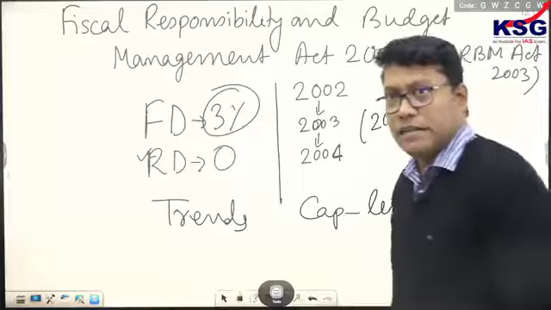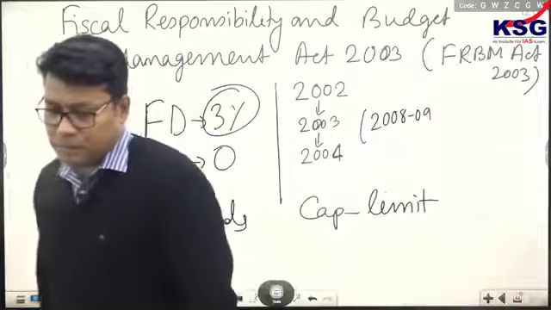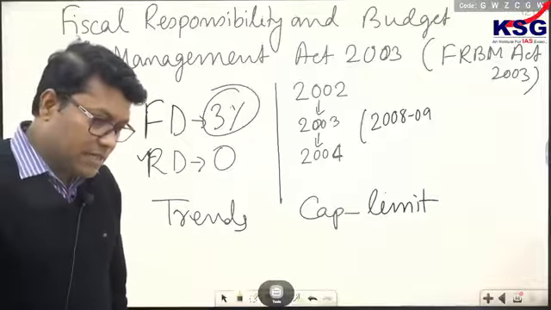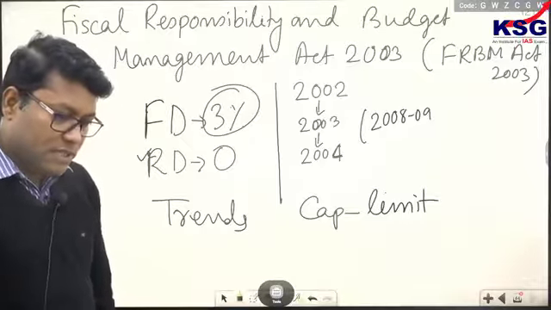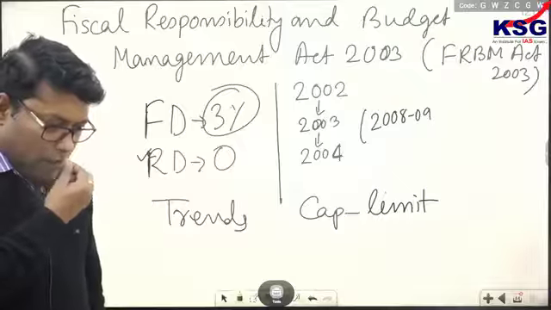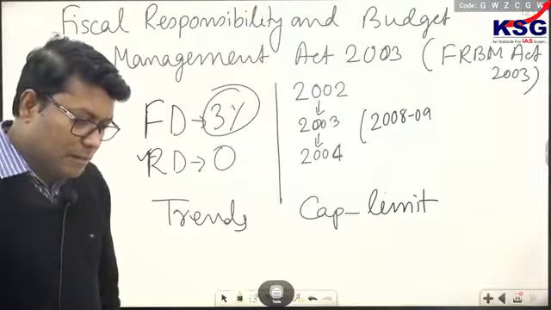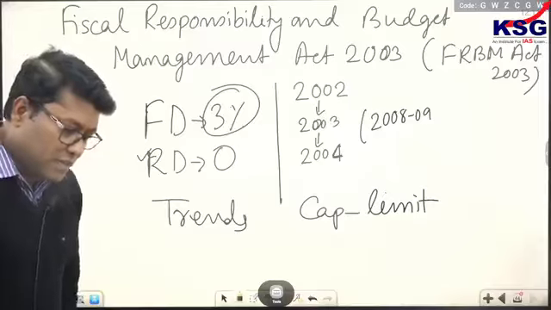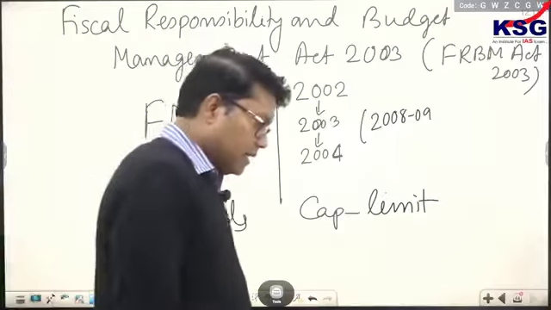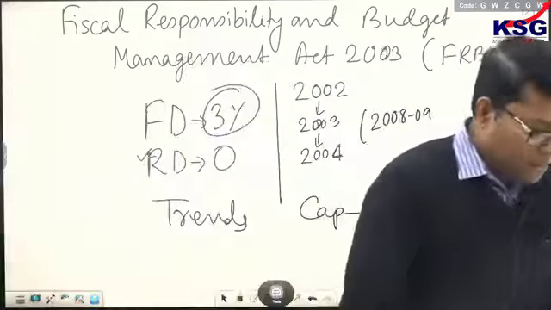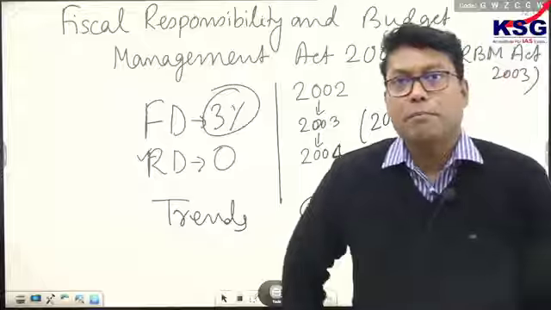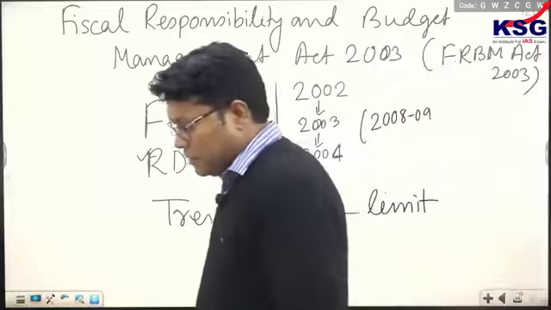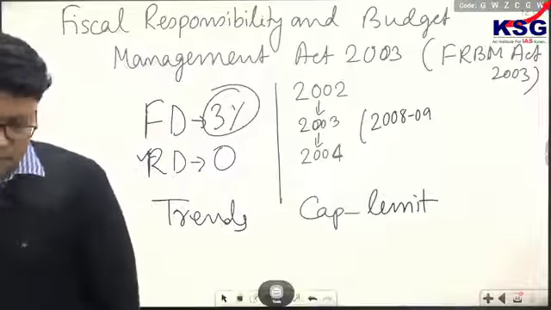Okay, fine, connected. And the last point you write: under exceptional circumstances, government may deviate from the target.